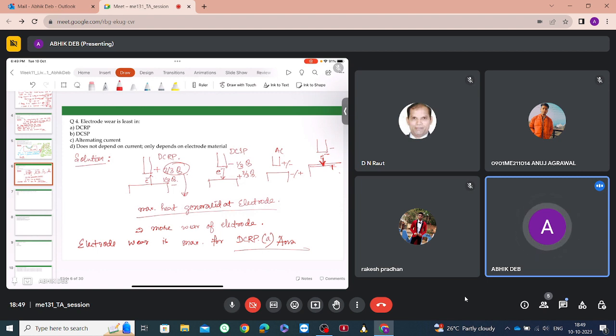Okay. So the more the electrons are moving, the more will be the generation of heat in that case. Here the electrons are moving from the workpiece to the electrode, so more heat will be generated in the electrode.